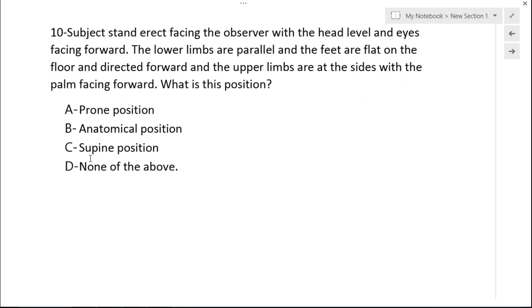The lower limbs are parallel and the feet are flat on the floor and directed forward, and the upper limbs are at the sides with the palms facing forward. What is this position? Option A prone position, option B anatomical position, option C supine position, option D none of the above. The position is anatomical position, that is option B is the correct answer.